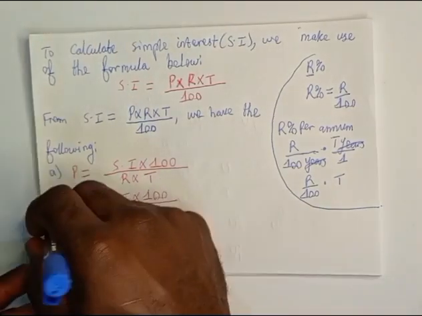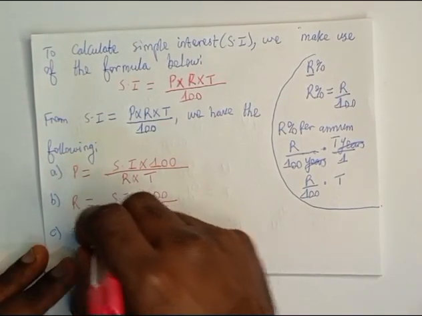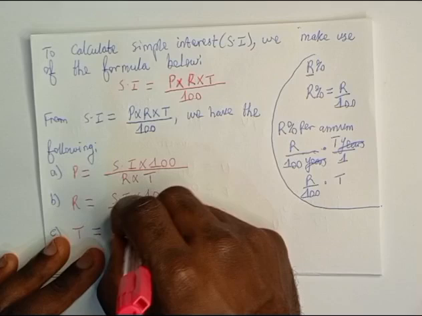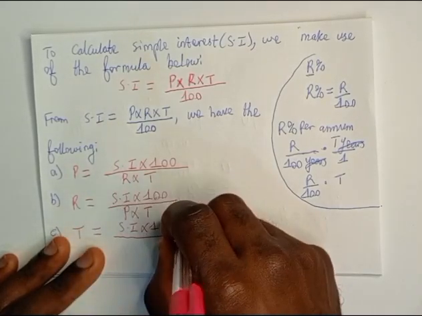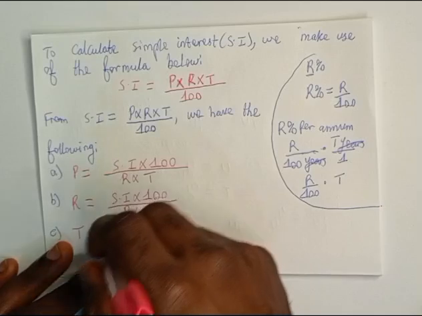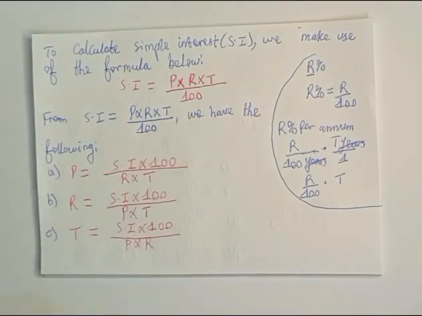We go to C. Time T is equal to the simple interest times 100. We divide by principal times the rate.